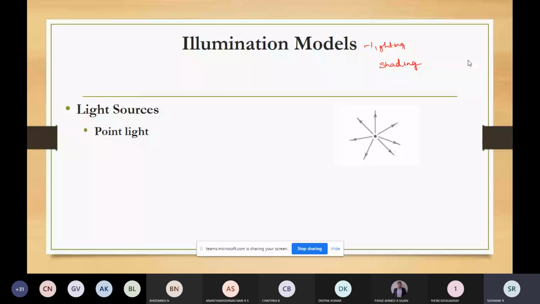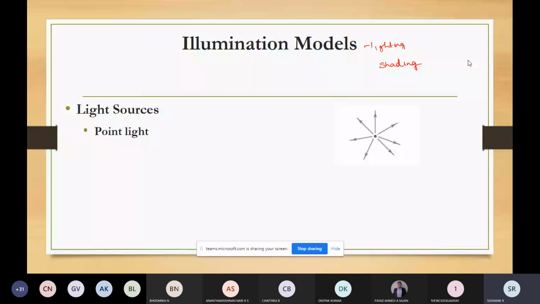If the hall is dark, all these things will not be visible. When you switch on the light, from the light itself, all these objects will be visible. So an object that is emitting radiant energy, we call a light source, and it contributes to the lighting effects for other objects in the scene.